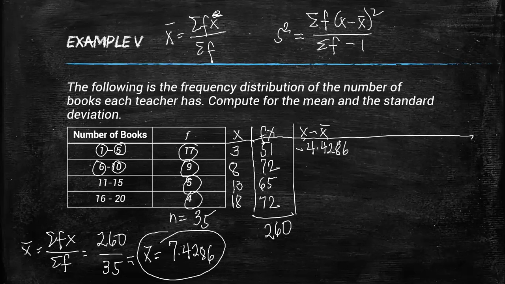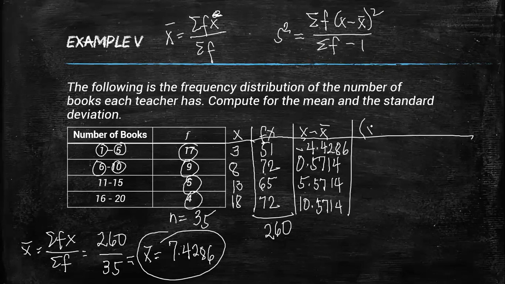Ganon din yung sa iba. 8 minus 7.4286. So we have 0.5714. 13 minus 7.4286, that is 5.5714. And ayan, 18 minus 7.4286, that is 10.5714.